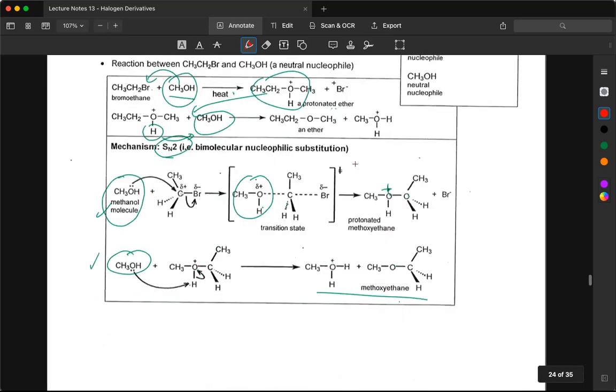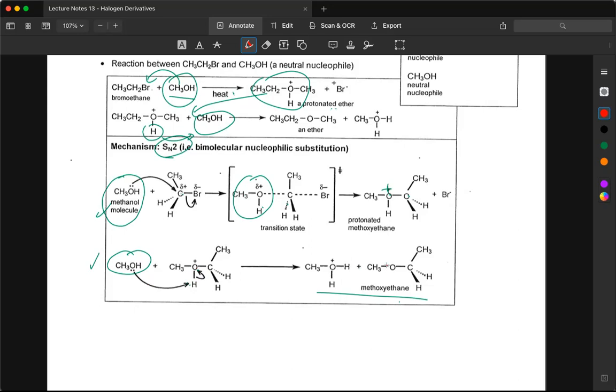So this nucleophile attacks. This attack here, you take away this hydrogen. You see that? So you attack this, then this one gives back to oxygen.